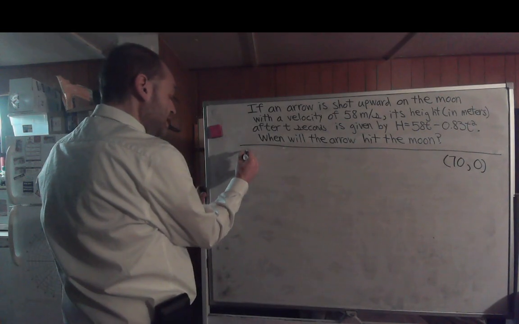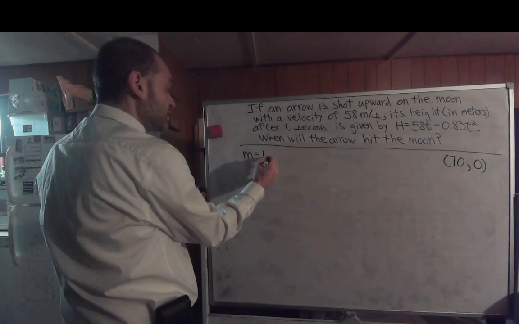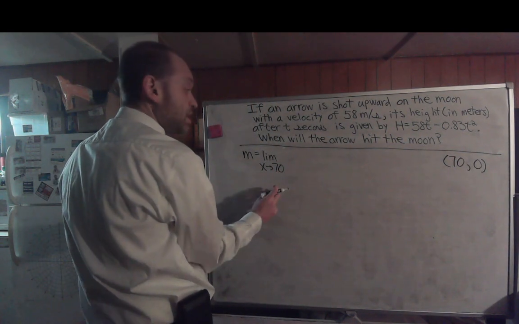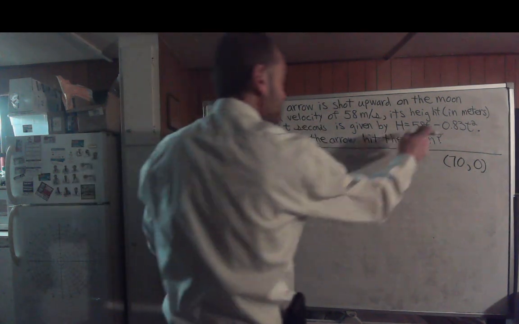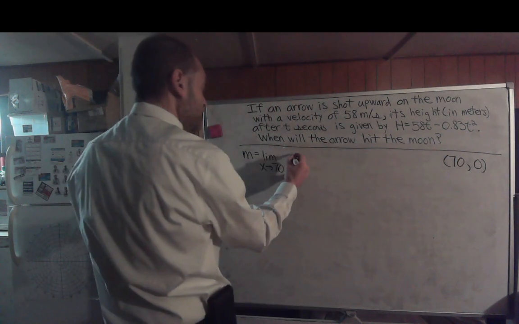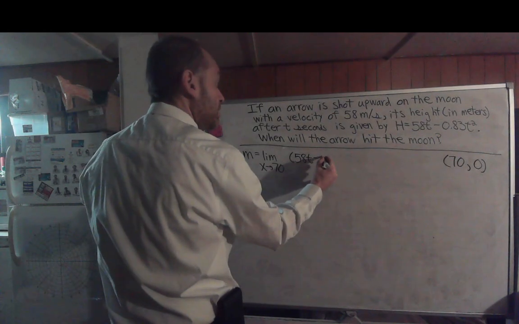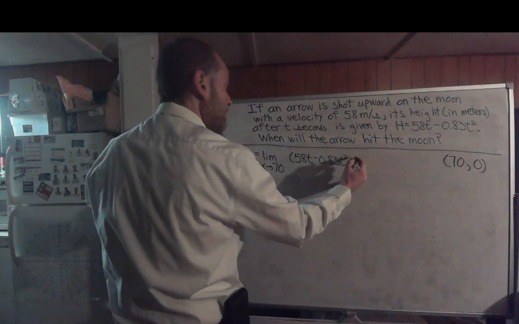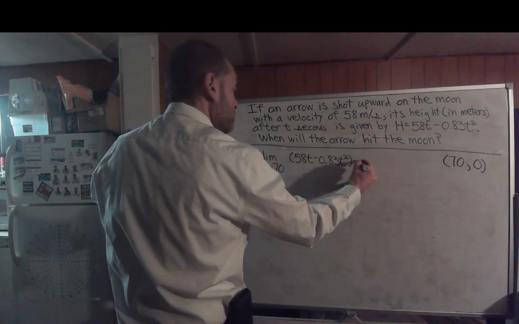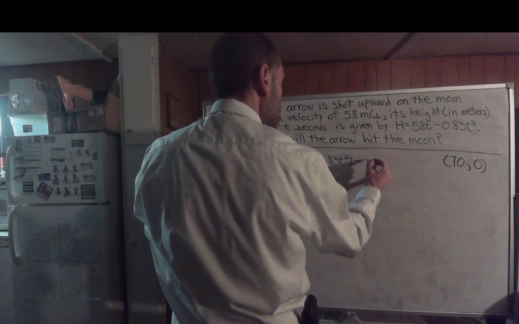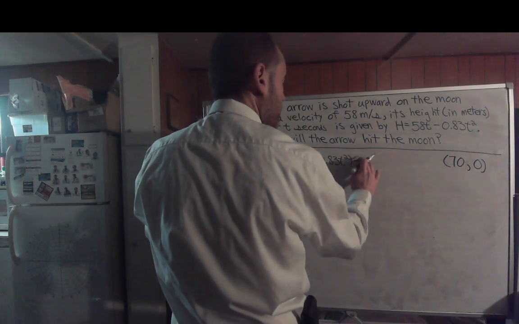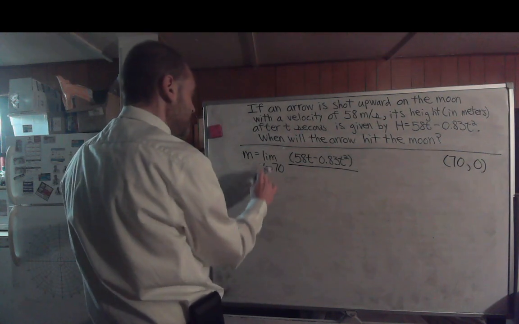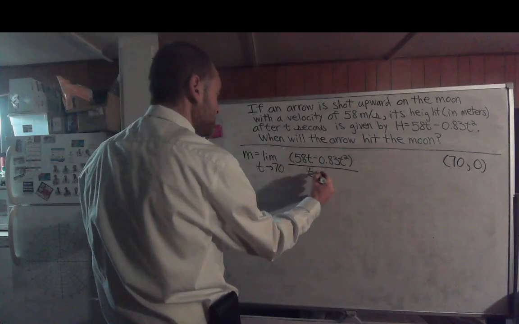So that velocity is going to be, of course, the slope, equal to the limit as t approaches 70 of our function 58t minus 0.83t squared minus 0, which would just give you this function itself, all over t minus 70.